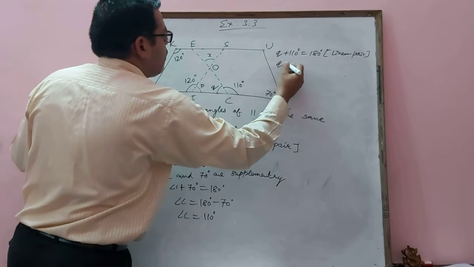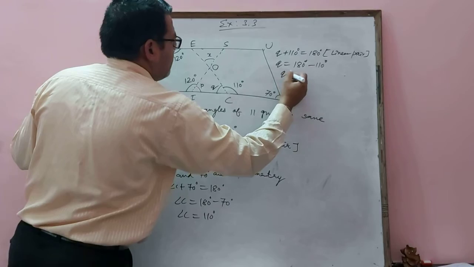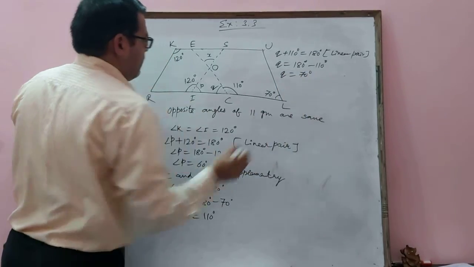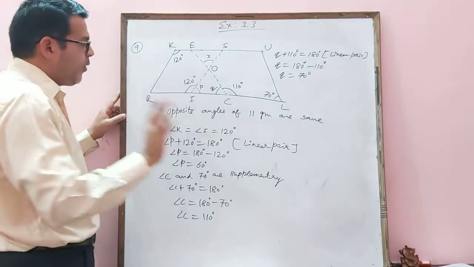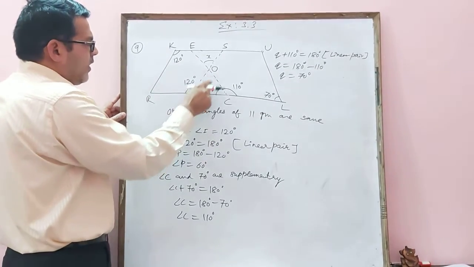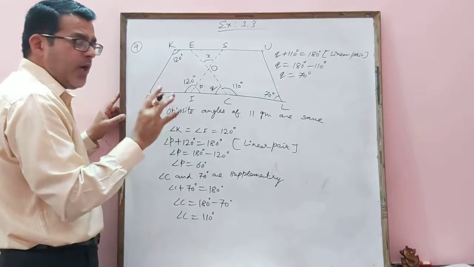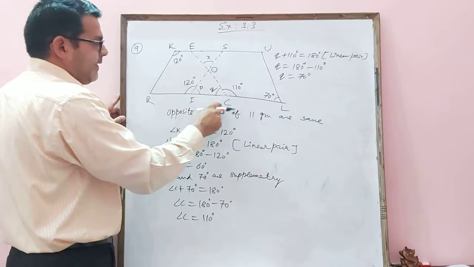Right? So Q equals 180 minus 110. It will be 70. Now this Q is 70. Hope you understand. Now out of three angles, two angles we have calculated, that is angle P and Q for triangle OIC.